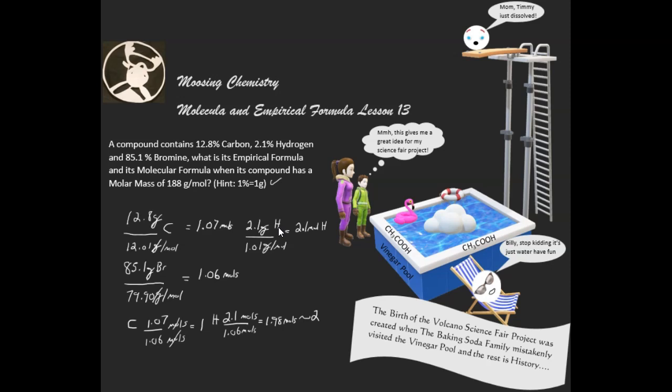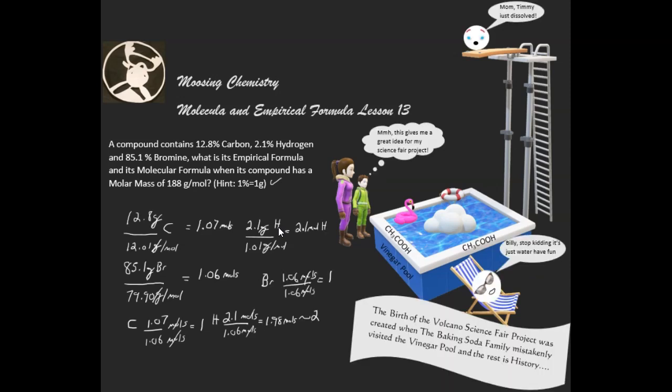And last but not least, our bromine: 1.06 moles divided by 1.06 moles. The moles cancel out like in the other ones, and that's going to give me 1.